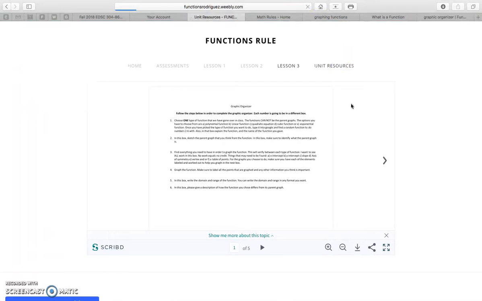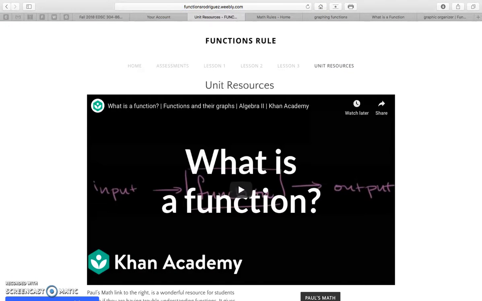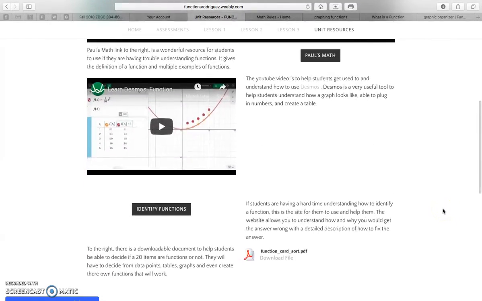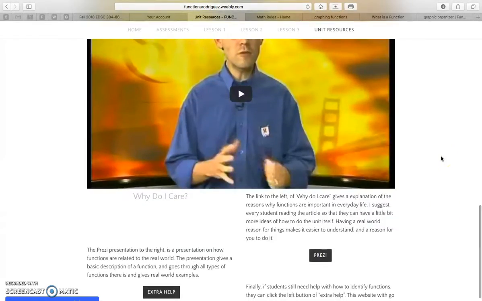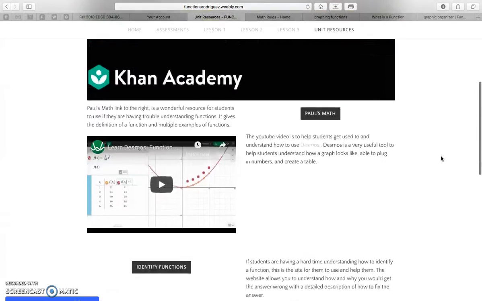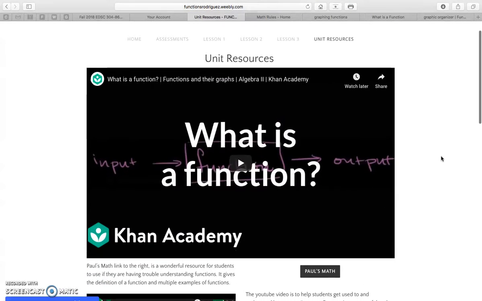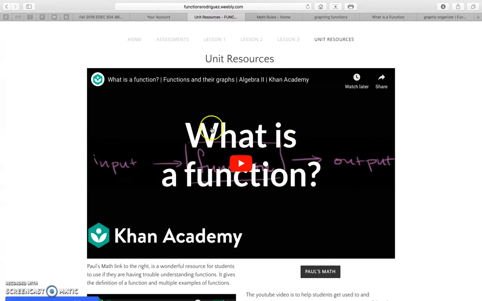And then moving on to the useful resources. Here are some resources that the students can use in order to help them with their project. This video here is a video on what is a function, and it describes what a function is and what it does.